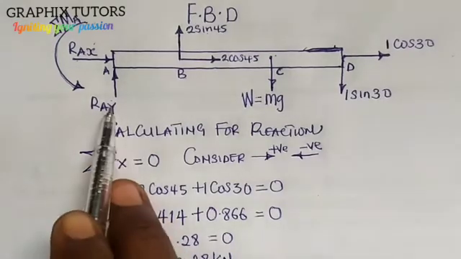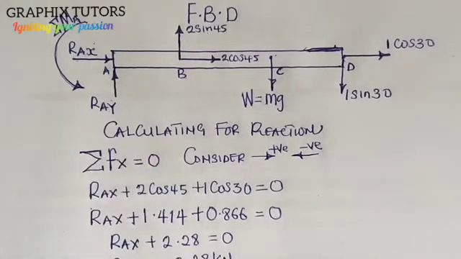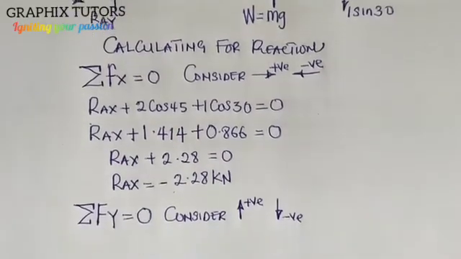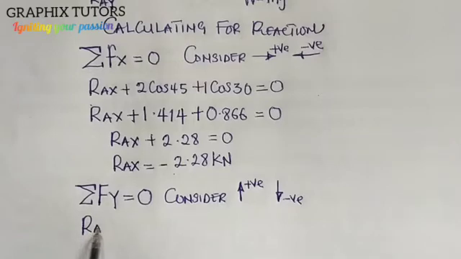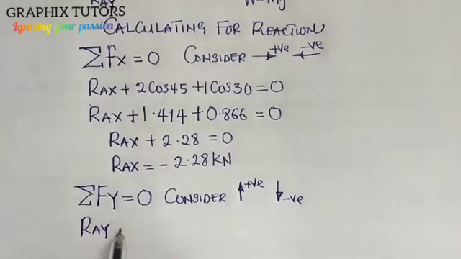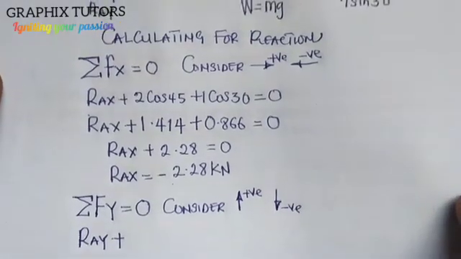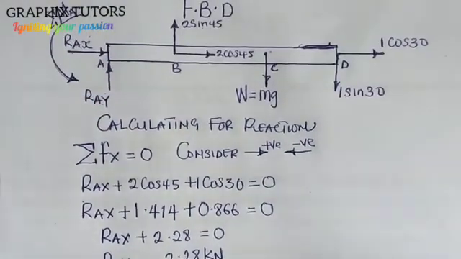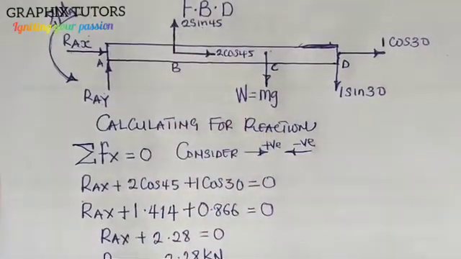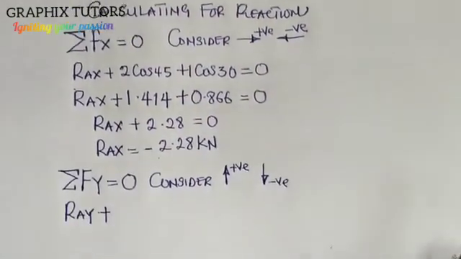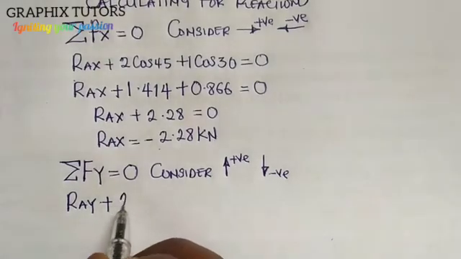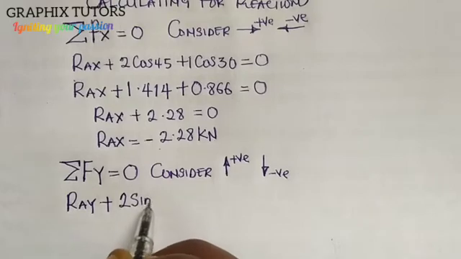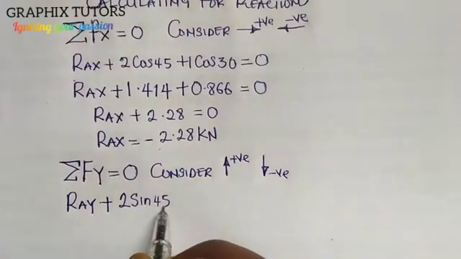The first one is RAY facing up, which is positive. So I'll write my RAY. Then plus the next one is what? 2 sine 45, which is facing upward. You can see that? Facing up, 2 sine 45, that is positive. So I'm going to be having 2 sine 45, right?